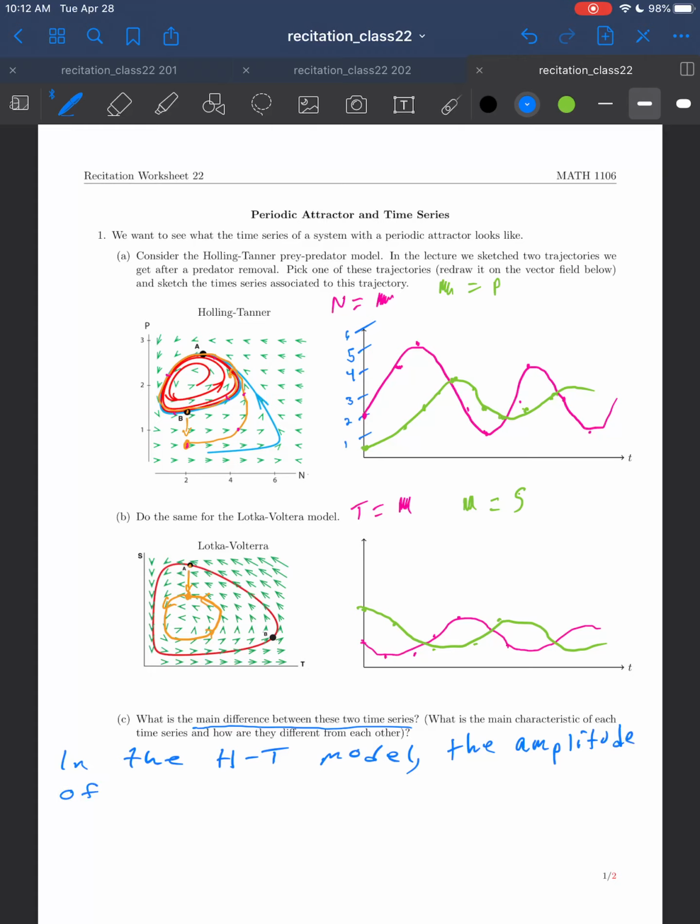So it's not a perfect repeat, because we are approaching this stable cycle.